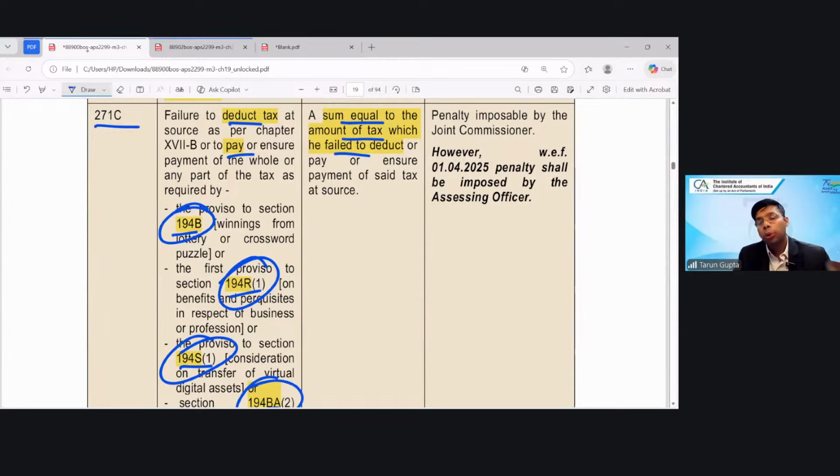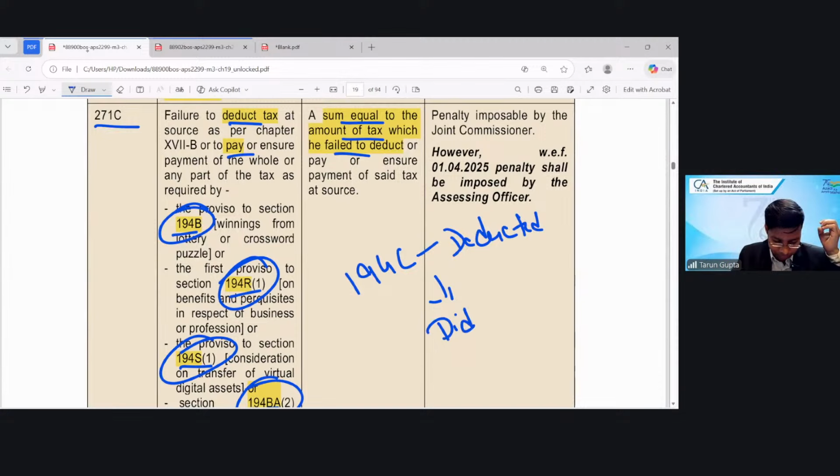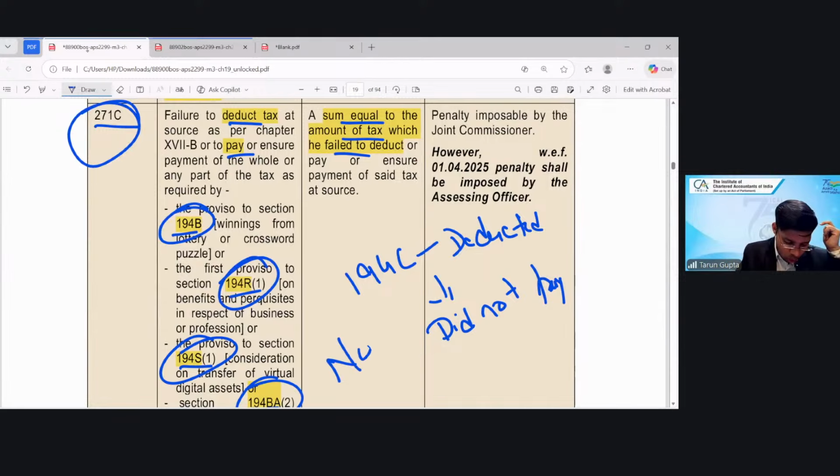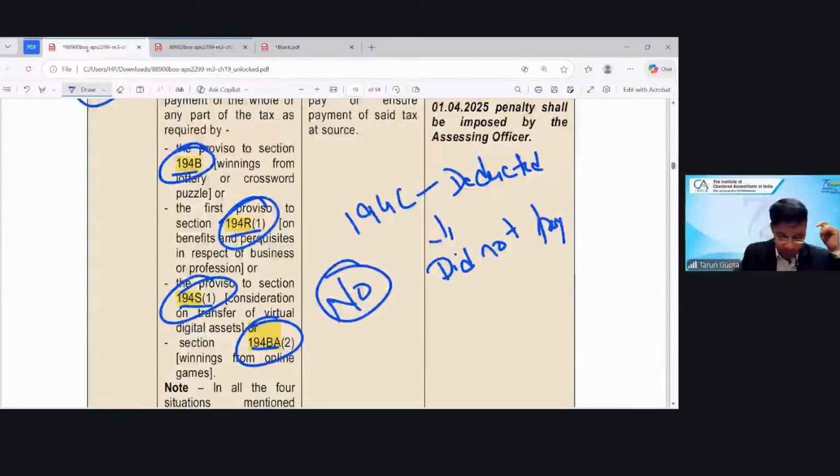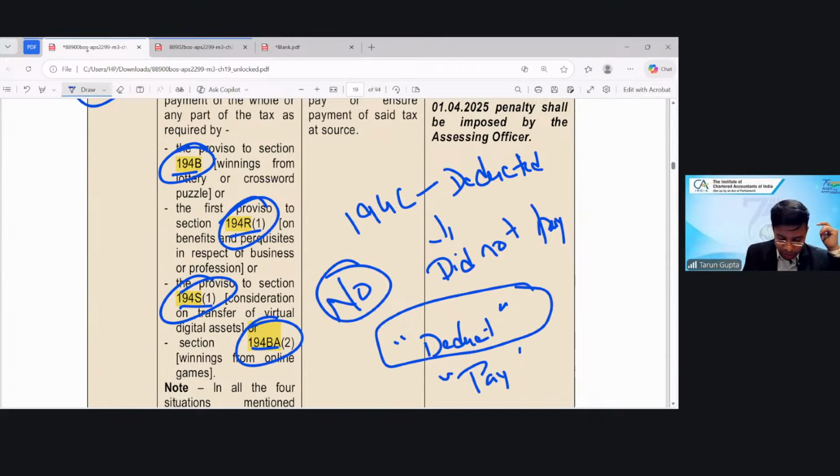Otherwise, if you fail to deduct tax in any of the TDS provisions, then there's a penalty equivalent to the amount of tax you failed to deduct. Assuming you deduct tax under section 194C, you deduct it, no default. But you did not deposit it, did not pay. The question is, can penalty under section 271C be levied in this case? The answer is no, because there's a difference between failure to deduct and failure to pay. 271C is failure to deduct.